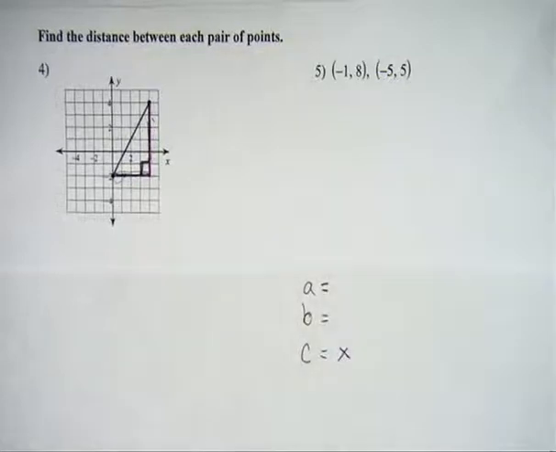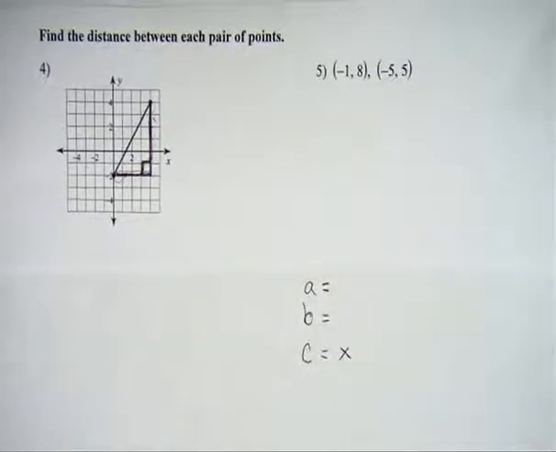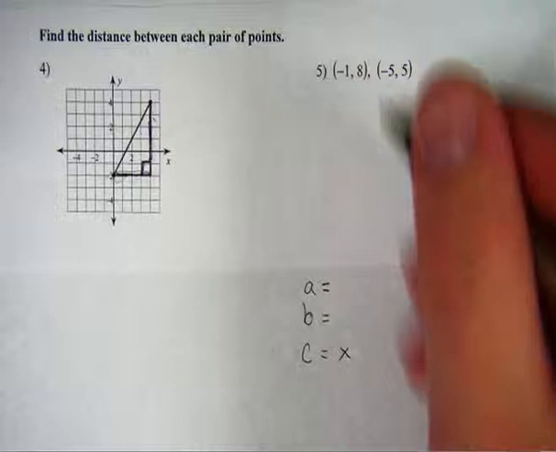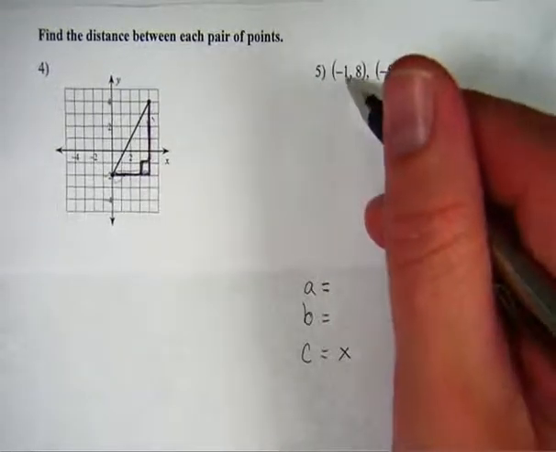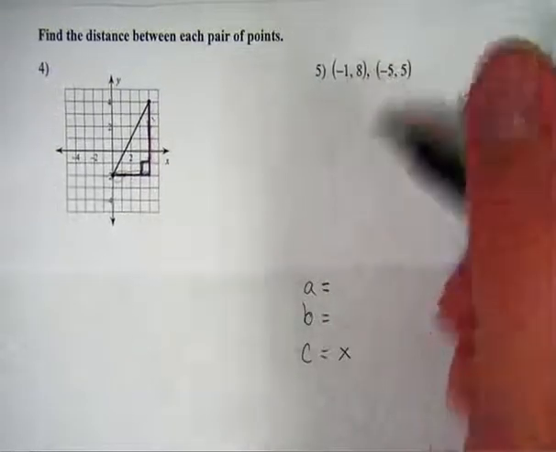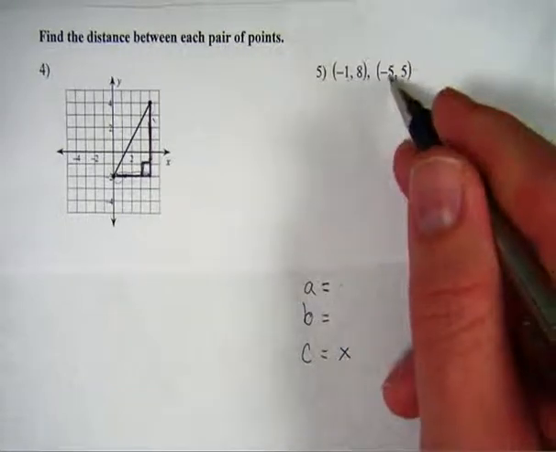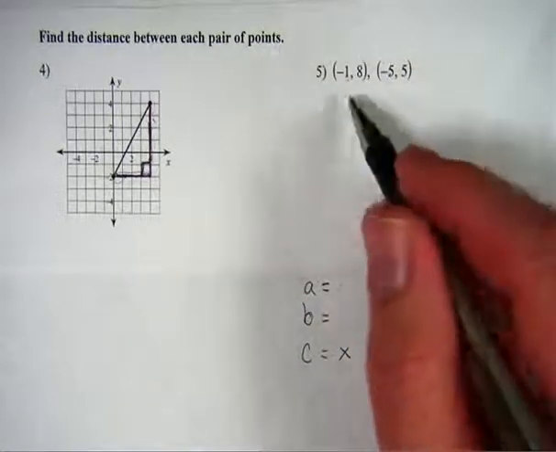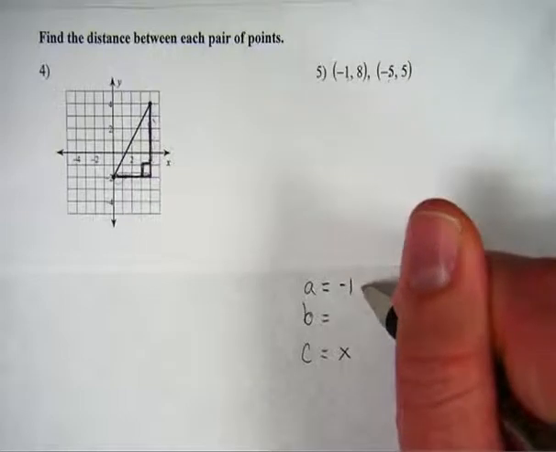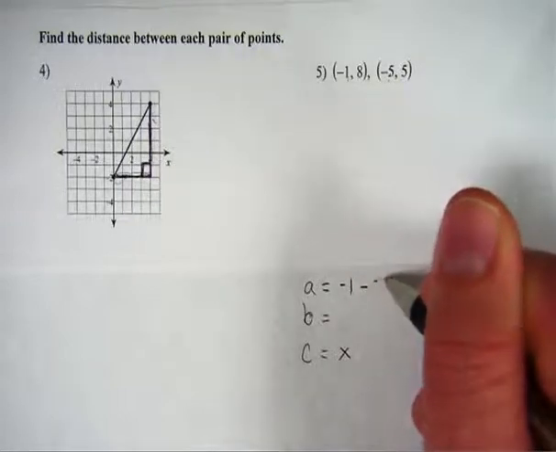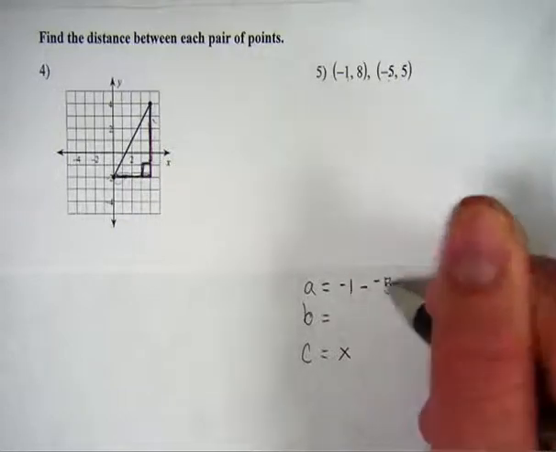Our hypotenuse is always going to be our unknown, and so in order to find A and B, take whatever your biggest x value is and subtract your smallest x value from it, and that'll give you A. -1 is bigger than -5, so I take -1 minus -5.